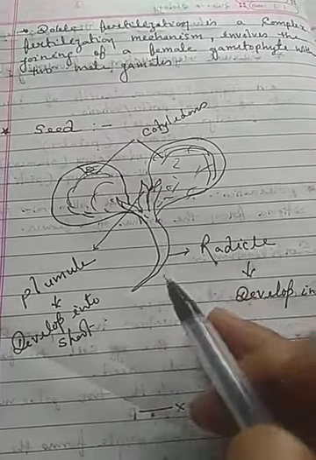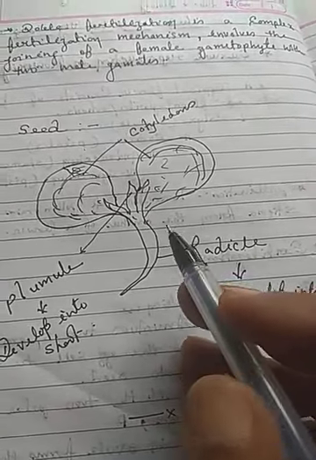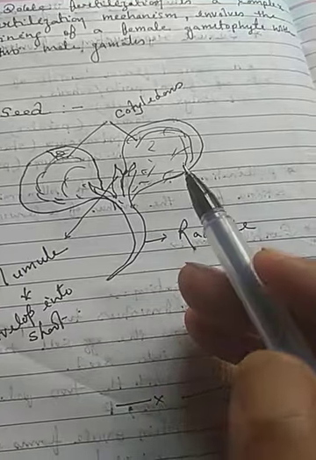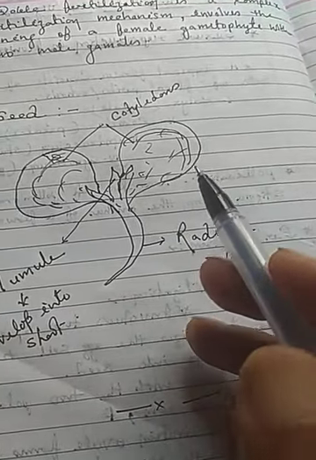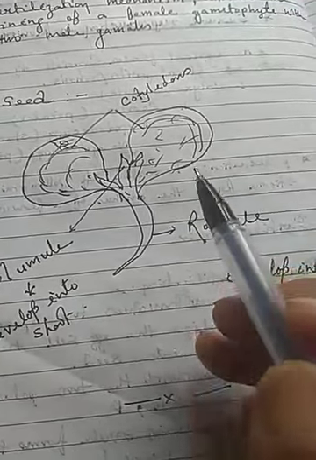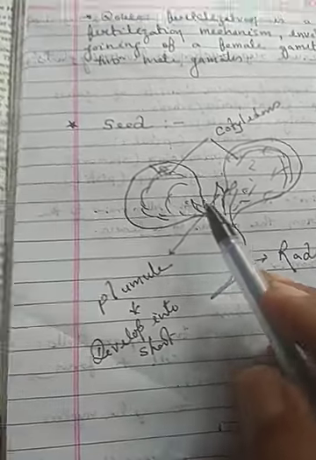Suppose this is a gram seed, and when we uncover it, meaning remove the outer covering, two parts are present here.